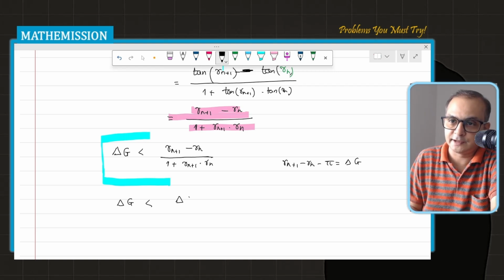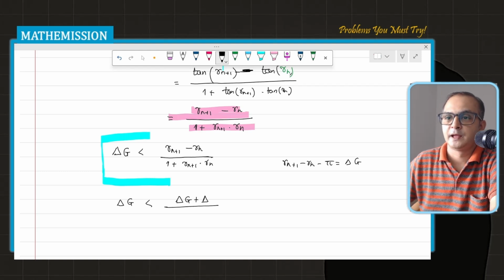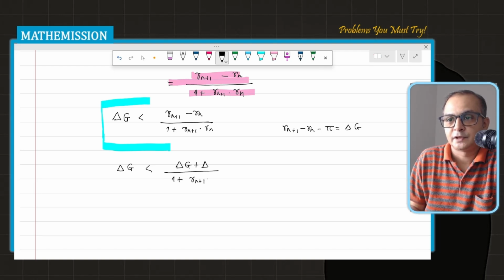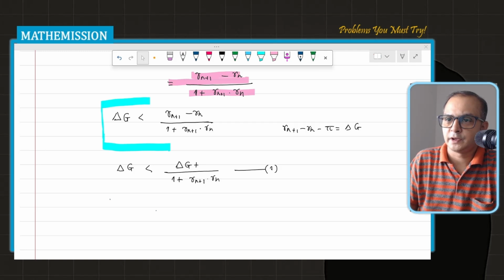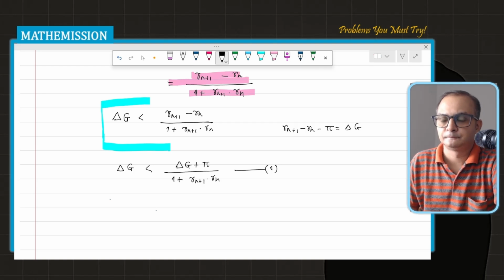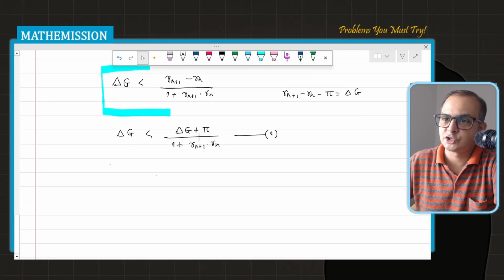So I'm writing here delta g plus π. Alright. Now I have to deal with the r_{n+1} into r_n. So from here that should be π actually, and after that we have to establish some relation of r_{n+1} and r_n.